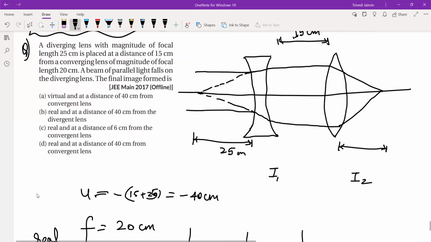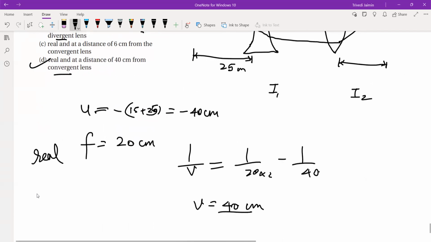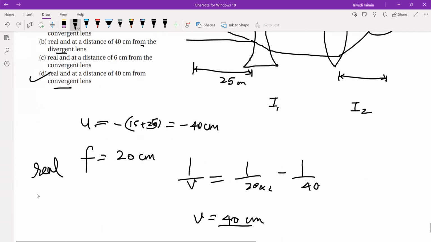And the image is formed on the converging side. Where is 40 and converging, B or D? B is diverging, so converging is this one, D option. So what I did here, I just found v and it is positive, that means it's a real image. And it forms on the right side, out of the converging lens, at 40 centimeter.